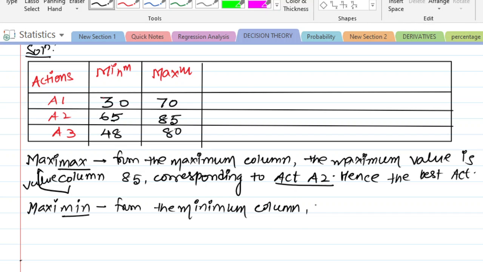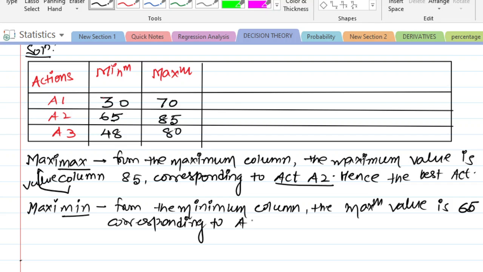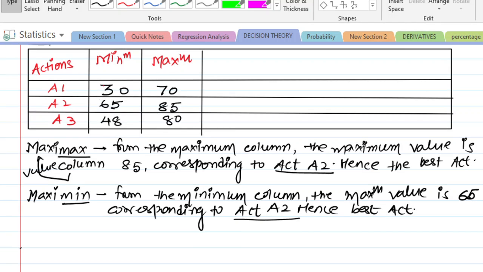From the minimum column, the maximum value is 65, corresponding to act A2. Hence, this is the best act. Clear?